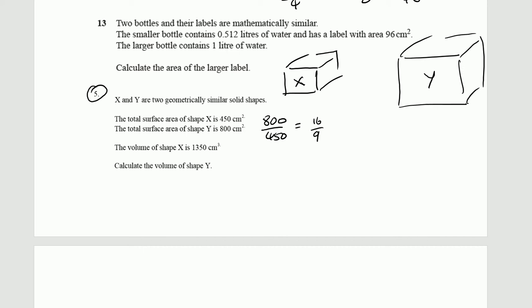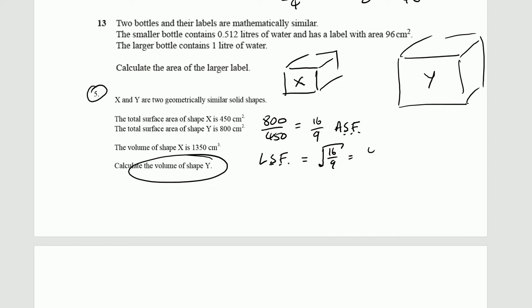Now I want to use this area scale factor to work out a volume later on. So in order to get to volume, I first of all have to go to a length scale factor. Squaring length scale factors gets me area scale factors. So I need to square root my area scale factor to get a length scale factor.